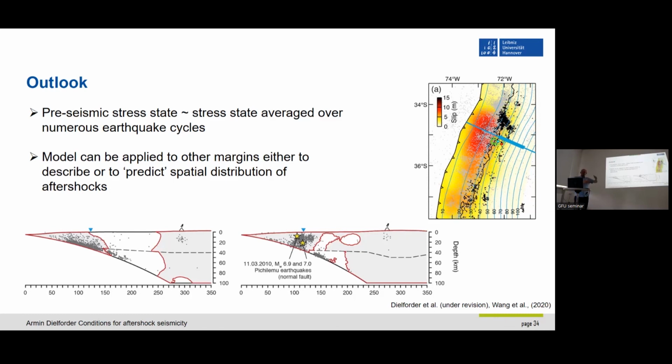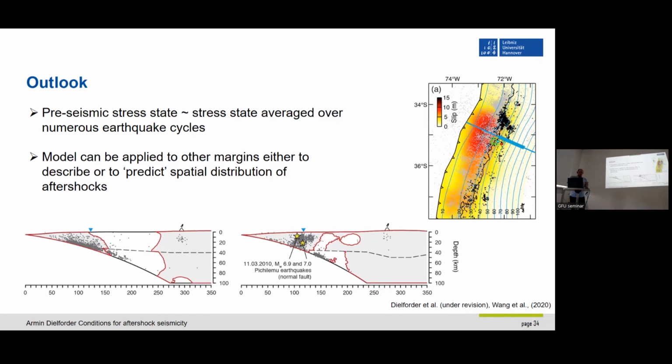But the aftershock seismicity evolves through time. Some of them, like the Pichilemu earthquakes in Chile, came about 2 weeks after the main shock, and in Japan we also had strong normal faulting events about a month or even some years after the main shock. So I think there's a continuous weakening going on, and that has an influence on the temporal evolution of the aftershock seismicity.